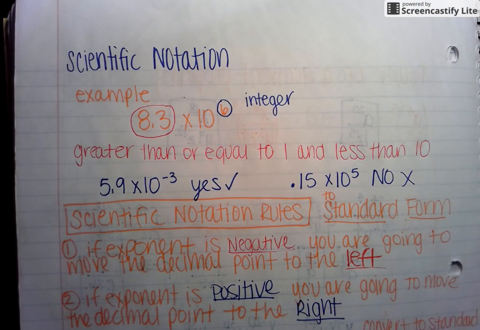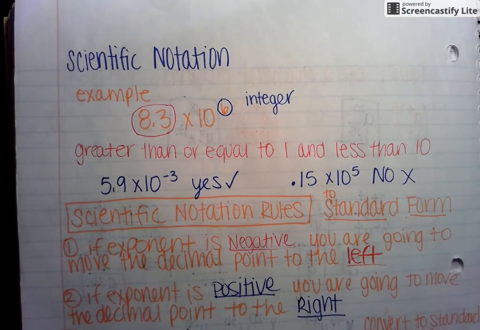Now, there's two ways to go about solving scientific notation. You can either go from scientific notation to standard form or standard form to scientific notation. Standard form is when the number is as big or small as it was before, whereas scientific notation is where it's written like this.